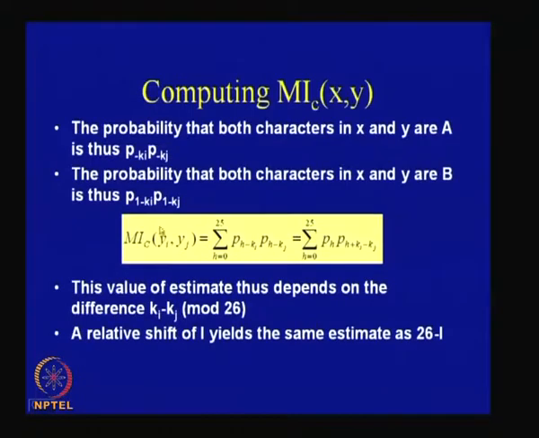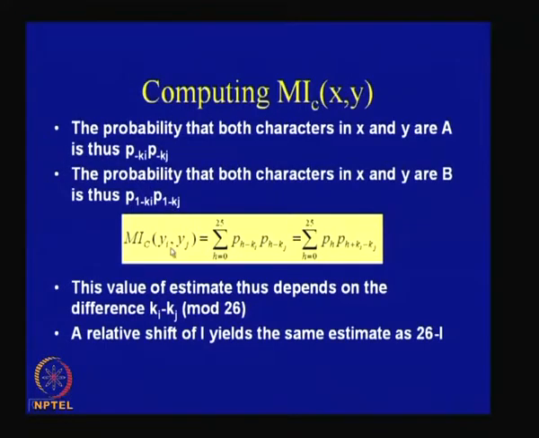Similarly, the probability that both characters in X and Y are A is found by P of minus Ki multiplied by P of minus Kj, because of their independent choosing. Similarly, the probability that both characters in X and Y are B is P1 minus Ki multiplied by P1 minus Kj, and you can continue in this fashion.